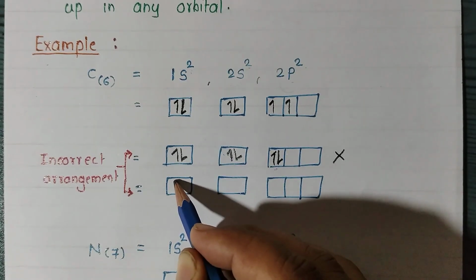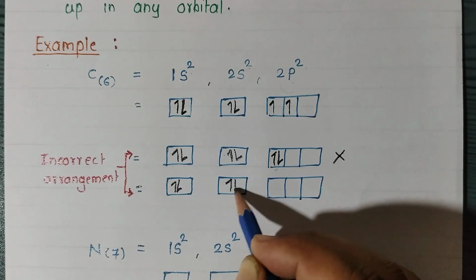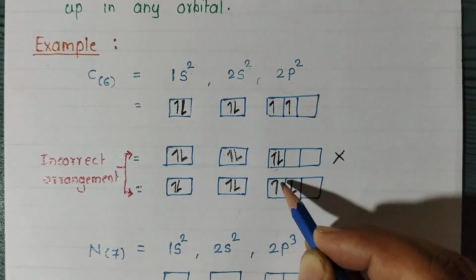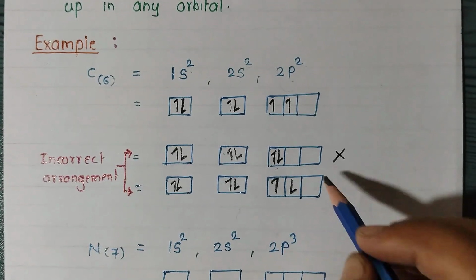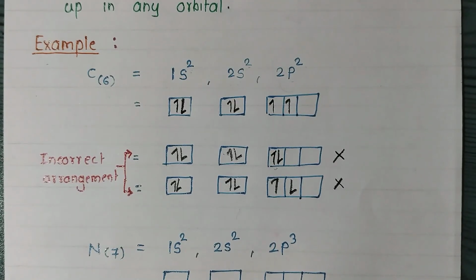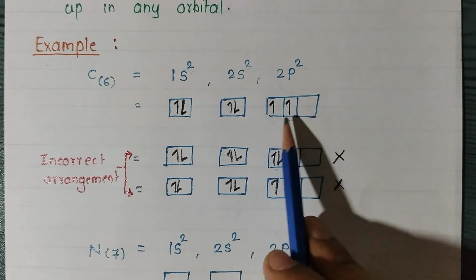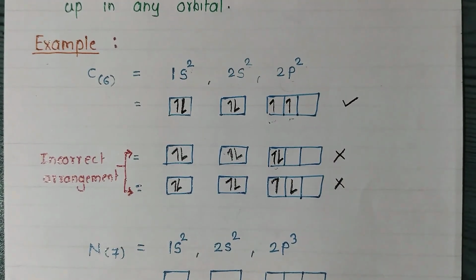Another example: suppose in the 1s2, in the 2s2, we cannot fill these electrons in this way, one having up spin and another having down spin. So this is also an incorrect method to fill the electrons in the orbitals. So according to Hund's rule we fill electrons first of all in this way. So this is the correct method of filling electrons.